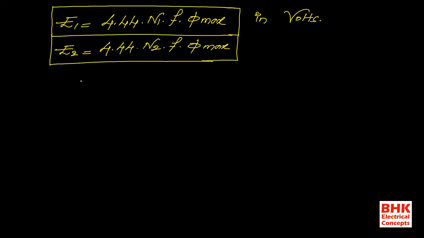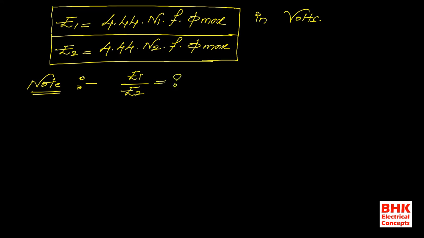Now one important note: whenever we analyze the equivalent circuit diagram of a transformer, we need to consider one most important concept, that is the transformation ratio. In order to get the transformation ratio, we consider these two expressions and divide E1 by E2.